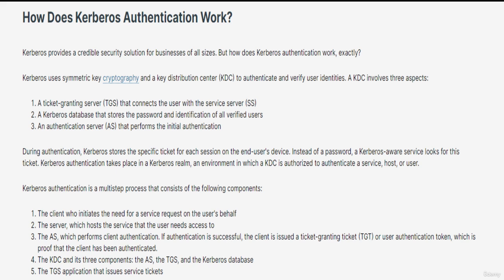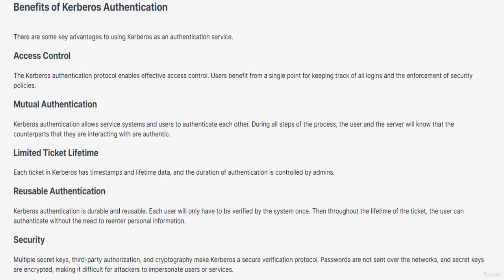Number 2, the server, who hosts the service that the user needs access to. And number 3, the AS, who performs client authentication. If authentication is successful, the client is issued a ticket. And number 4, the KDC and its 3 components, the AS, the TGS, and the Kerberos database.